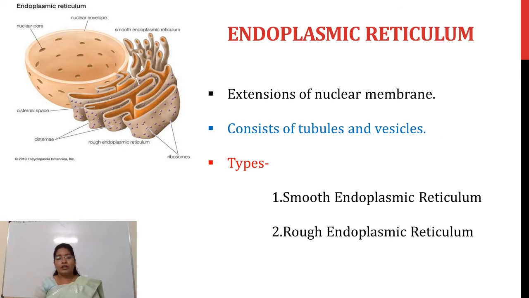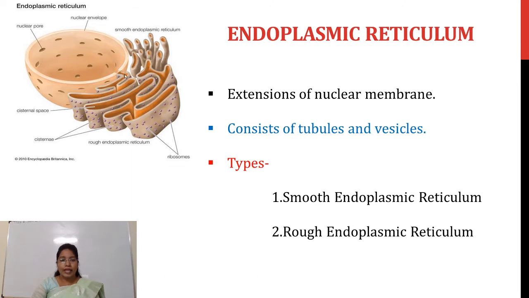Coming to the next structure in the cytoplasm, that is endoplasmic reticulum. Endoplasmic reticulum is an extension of the nuclear membrane. In this figure, this is the nuclear envelope, these are nuclear pores, and from the nuclear envelope, the membrane is extended.